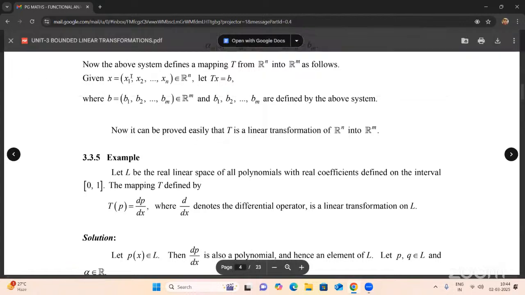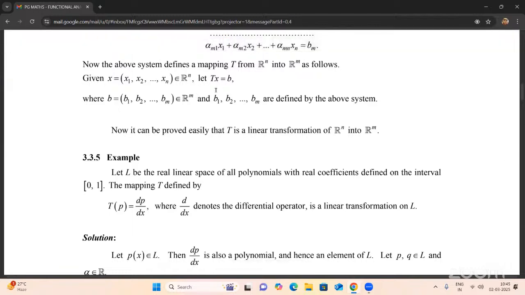Here x, being the variables x1, x2, and so on up to xn, is the vector that belongs to R power n. So here the transformation relation is T of x equal to b.